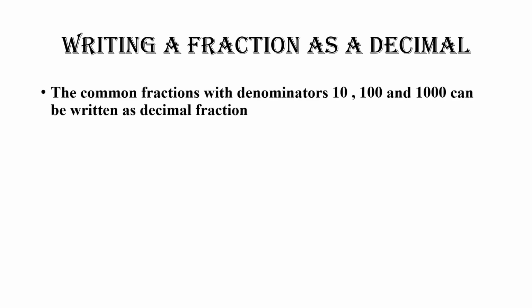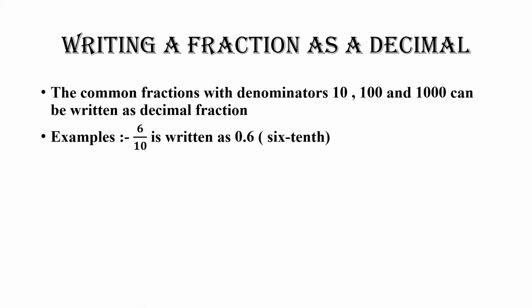Now writing a fraction as a decimal. How we can write a fraction in decimals? So the common fraction that is having the denominator 10, 100 or 1000 can be written as the decimal fraction. For example, if we have 6 by 10, you will count the number of zeros here.